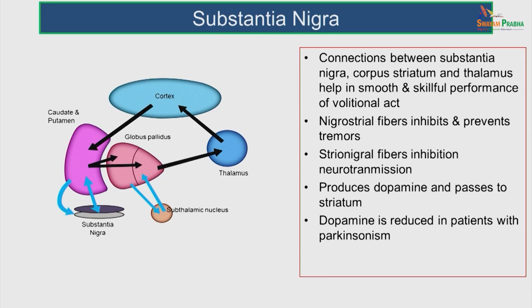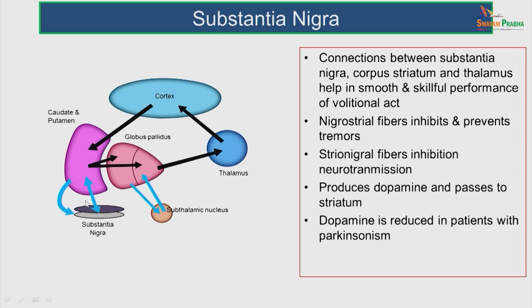The nigrostriatal fibers inhibit and prevent tremors, whereas the strionigral fibers inhibit neurotransmission in the substantia nigra.